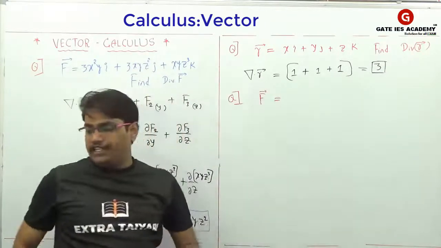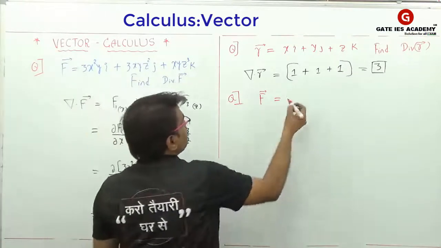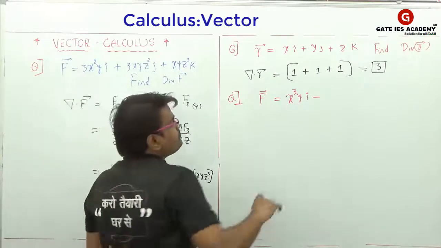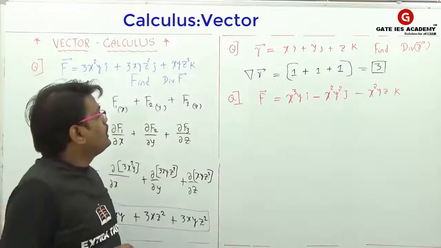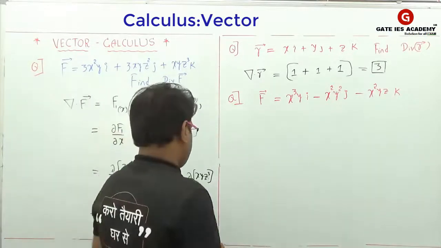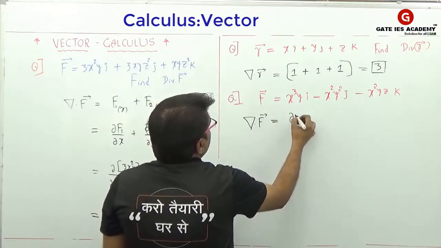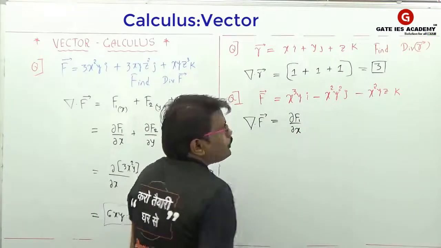F bar equals x cube y i minus x square y square j minus x square y z k. Now you need to find the divergence of this function. So divergence of f bar equals dou of f1 by dou x.